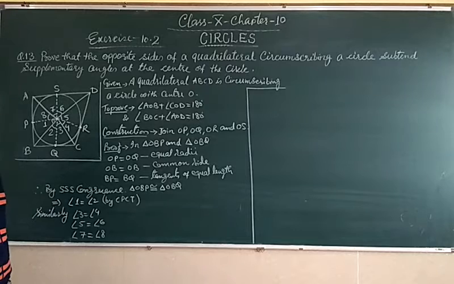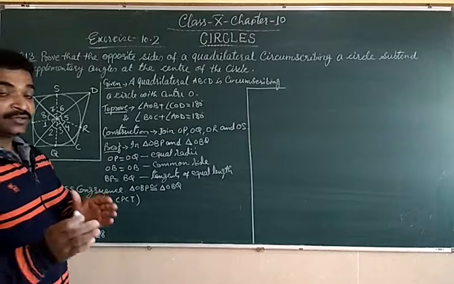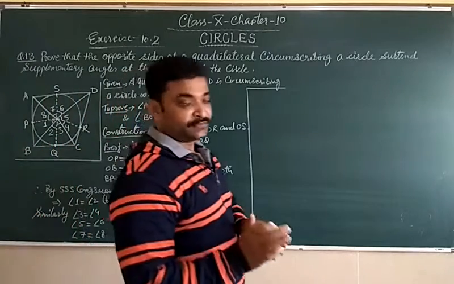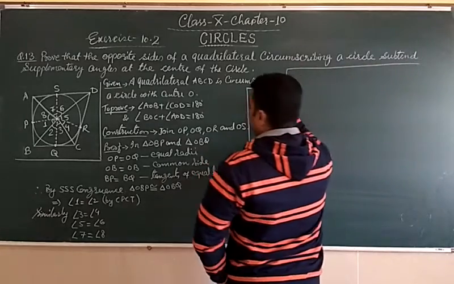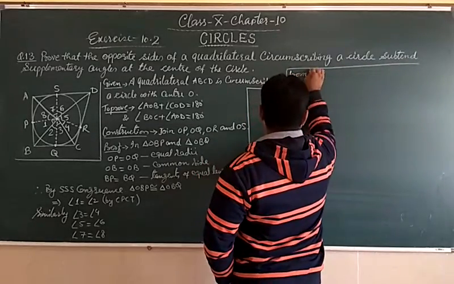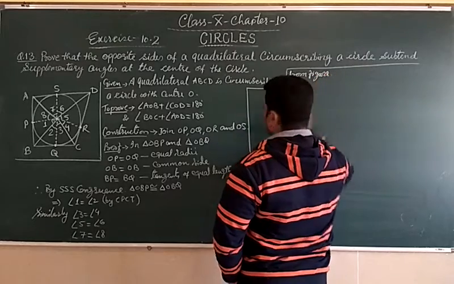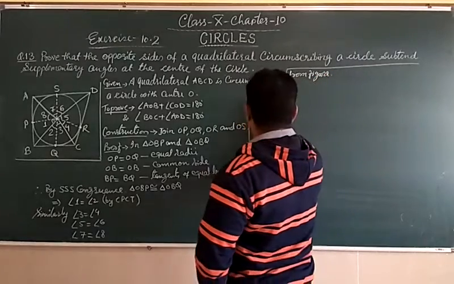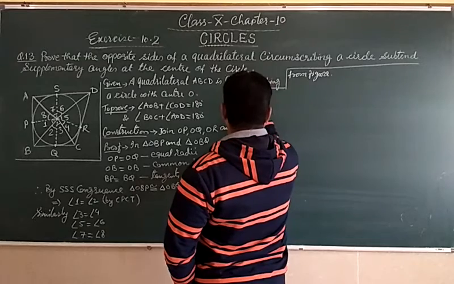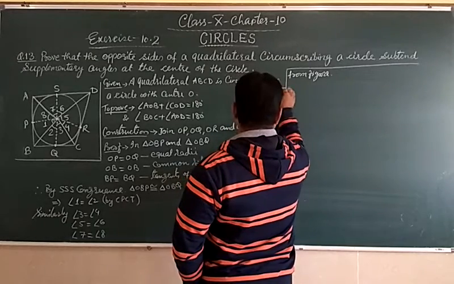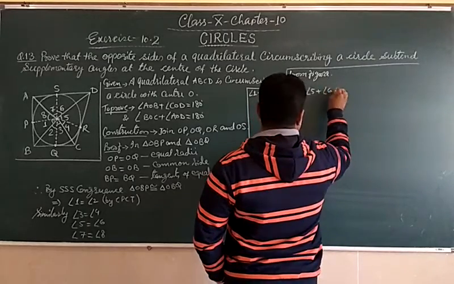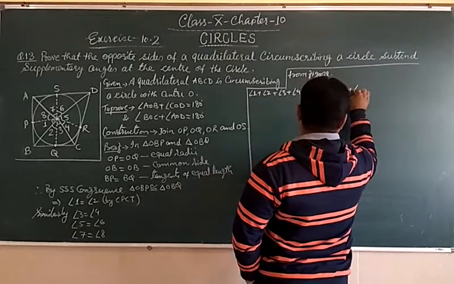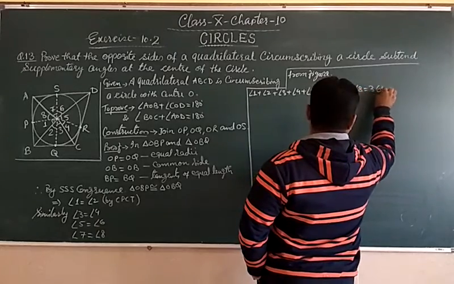Now, see students, I have told you that the angle around a point is 360 degrees. We'll write here, from figure, angle 1 plus angle 2 plus angle 3 plus angle 4 plus angle 5 plus angle 6 plus angle 7 plus angle 8 is equal to 360.